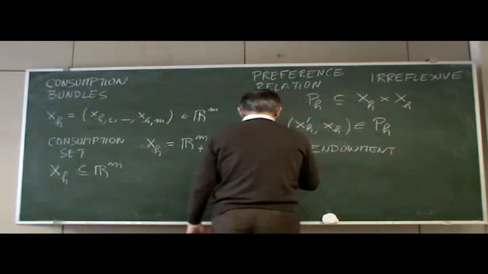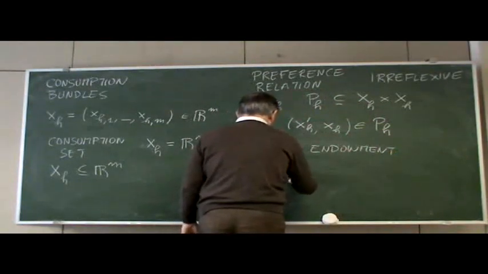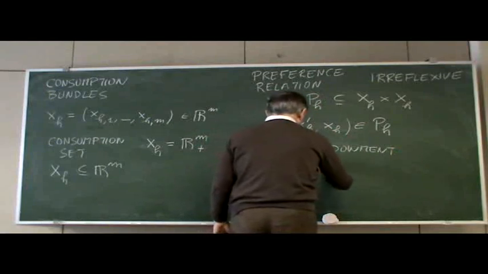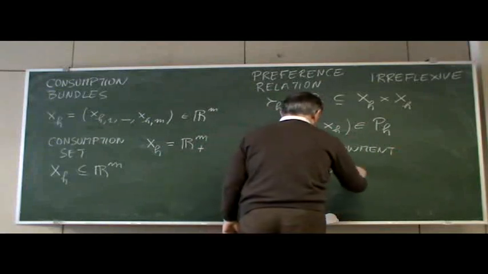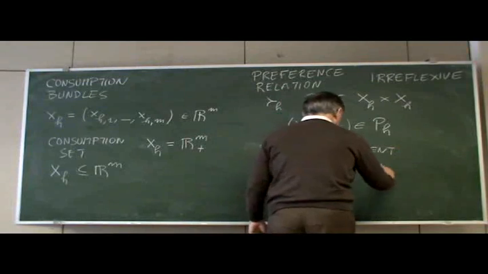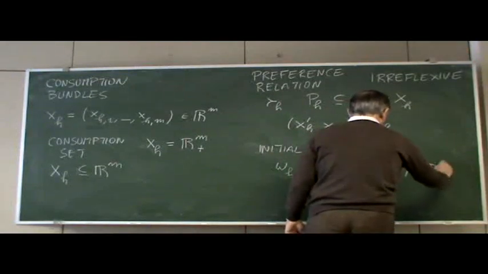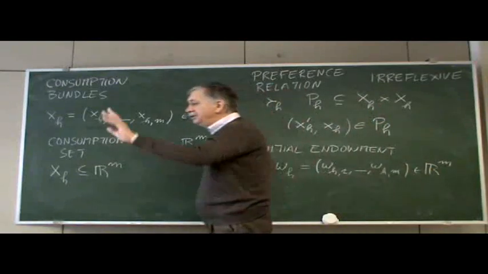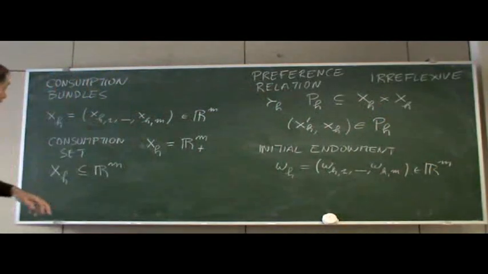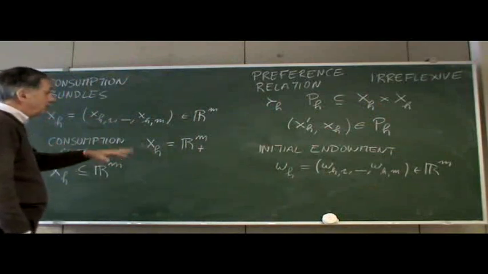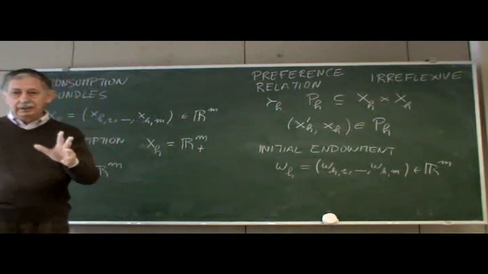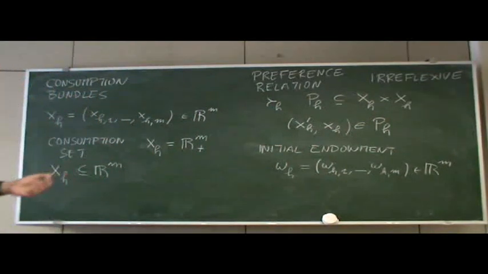The initial endowment will be denoted as usual by omega h with components omega h1, etc., omega h n, which is an element of the n-dimensional Euclidean space. It is not necessarily an element of the consumption set. It could lie outside the consumption set.